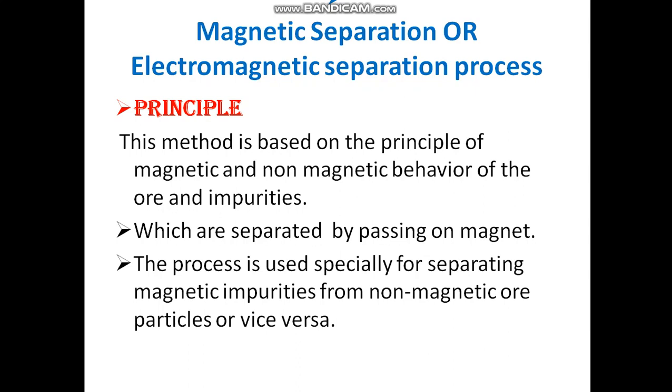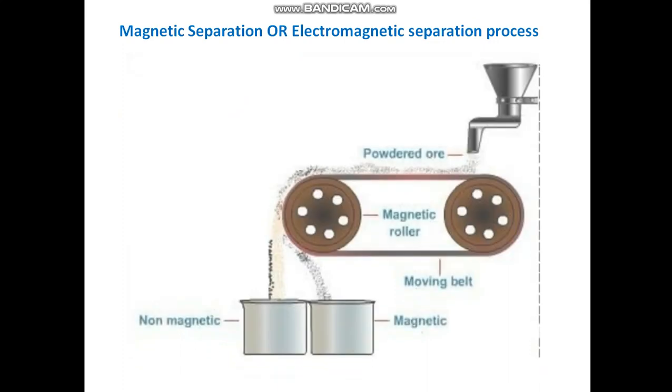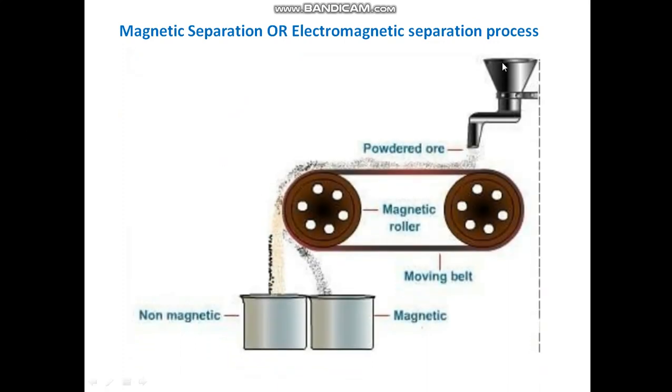But in engineering, we are doing the same thing, but here we are going to separate the ore particles, that is, the magnetic and the non-magnetic. So let's have a look at the diagram. This is a hopper. From here we are going to pass the powdered ore. Then this powdered ore is passed on a conveyor belt.